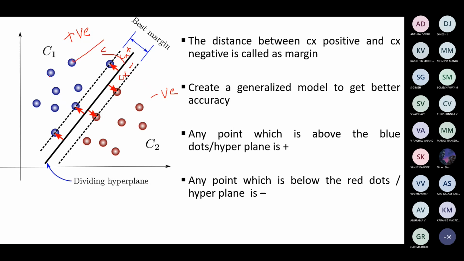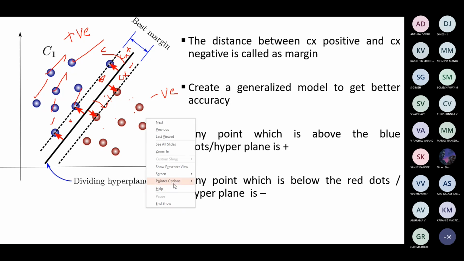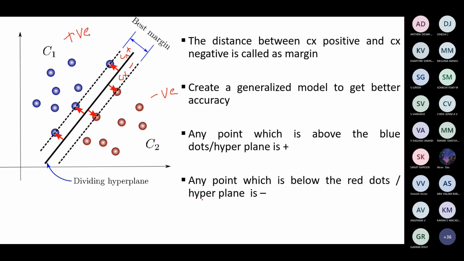So this is positive, this is positive, and if I have blue dots over here, again it is positive only. Any point which is falling below this hyperplane is negative.